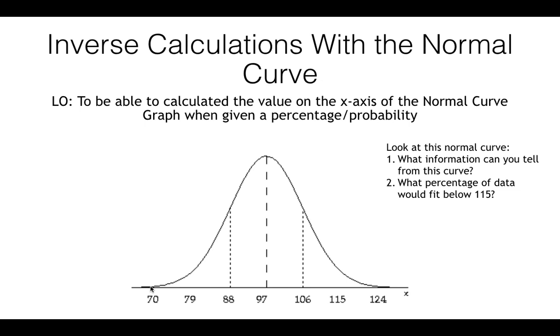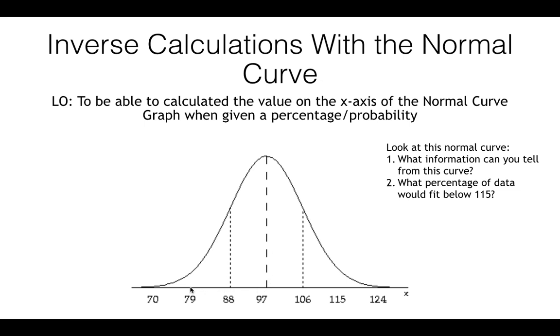And in terms of remembering the percentages, we should remember that within one standard deviation of the mean either way, we have 68% of our data, which means that one standard deviation one way holds 34% of our data.